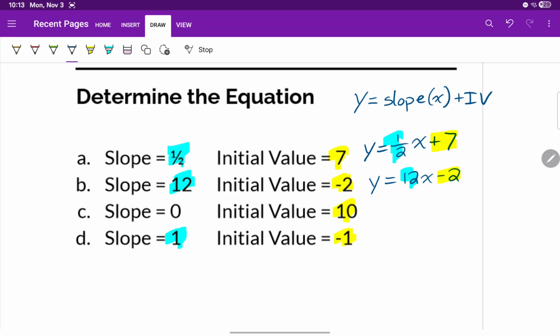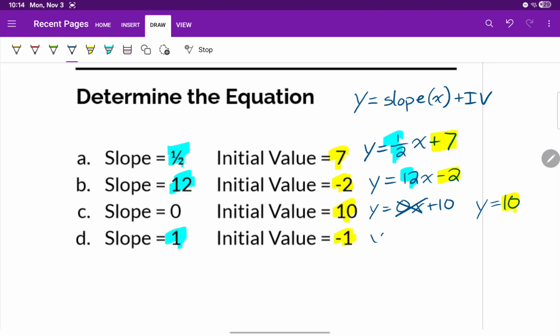Okay? In my next one, again, we're hopefully seeing the pattern. y equals, my slope is 0, x plus 10. Now, what is 0 times x? 0 times x is just 0. So this is actually just y equals 10. There's my initial value.